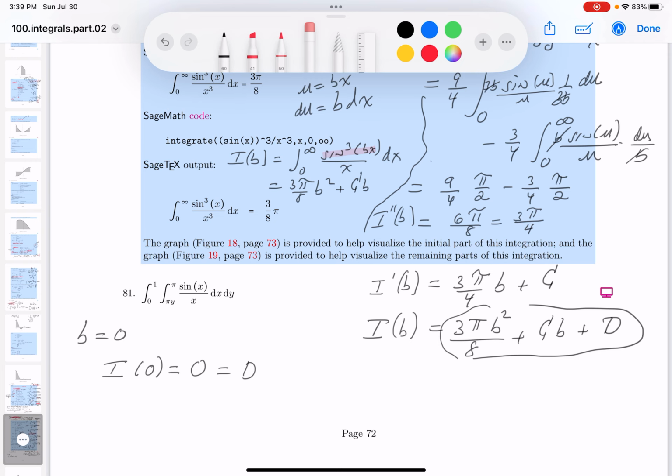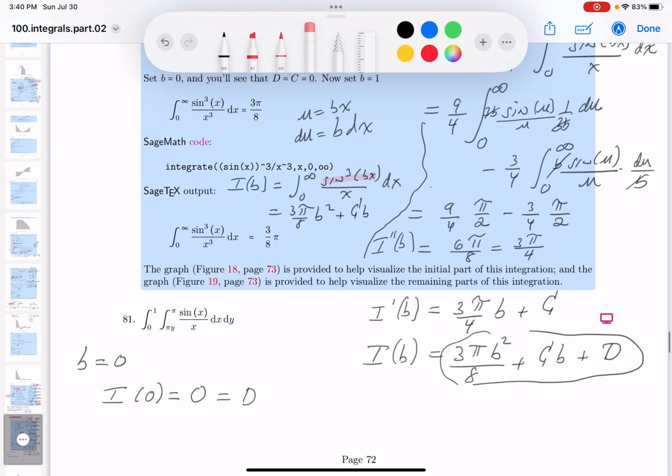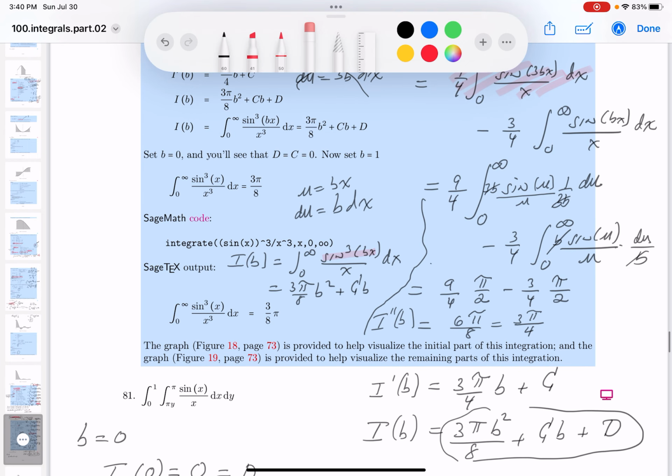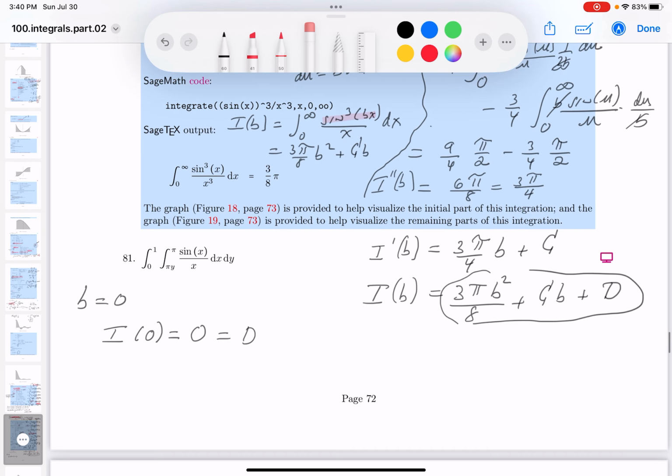All right? So I just simply said, let me go back over that, that b was 0. Now I'm going to pick another value. And let's set b to be 1 now. What are you going to get here?